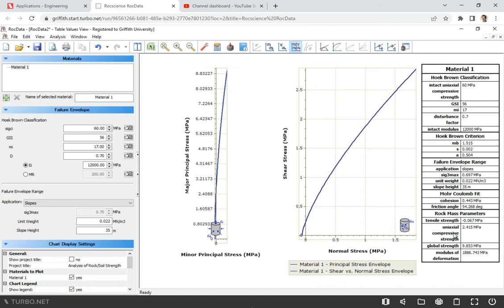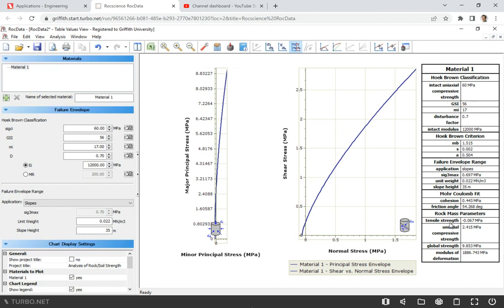So here you will have the UCS of the rock mass. You see it drops from 60, which is just intact core samples. When we apply it to the whole rock mass, the strength will drop to 2.4 MPa.